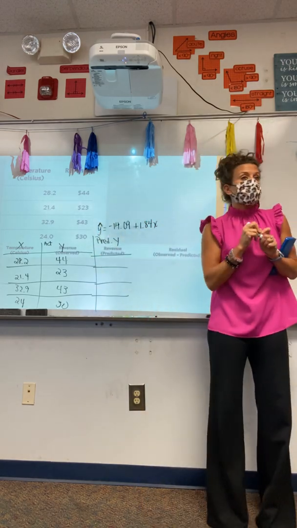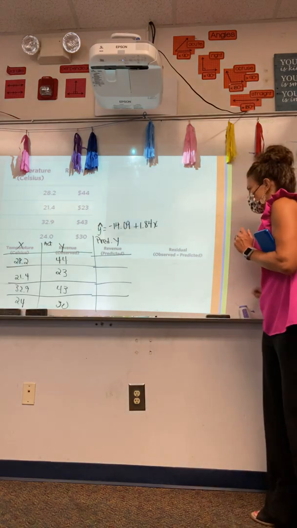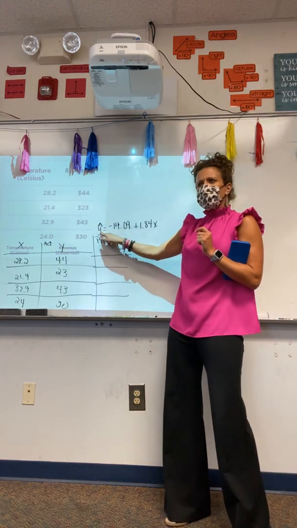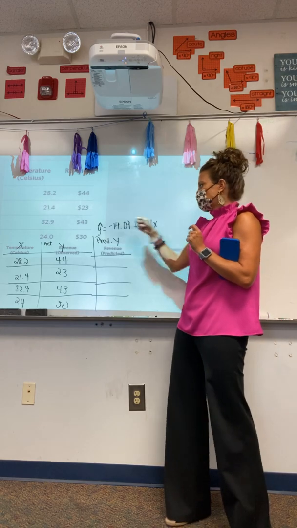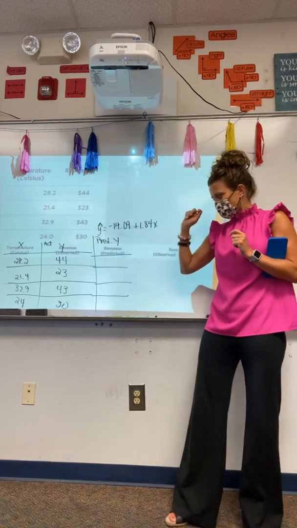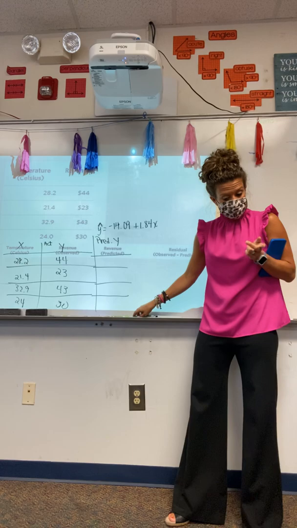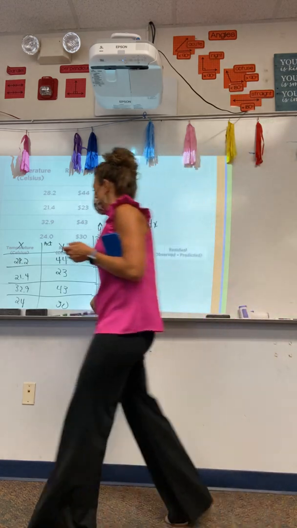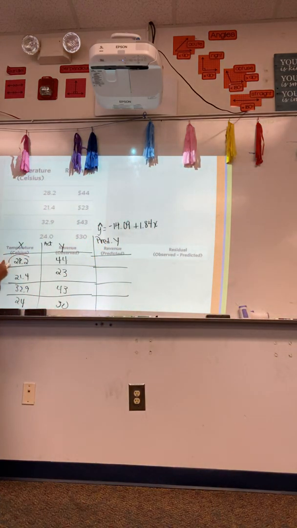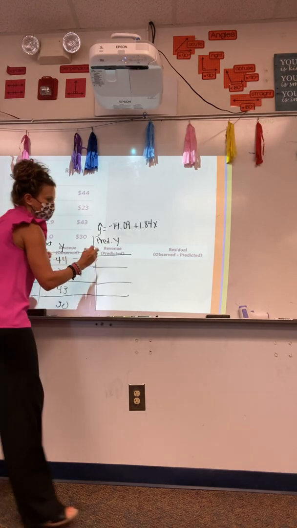Now this is my prediction line. So if I want to know my predicted Y values, what am I going to have to plug into my prediction line to get a predicted Y value back? You have to plug in your X. Okay, so here we go. Instead of the actual Y, you're going to plug this X into the equation.